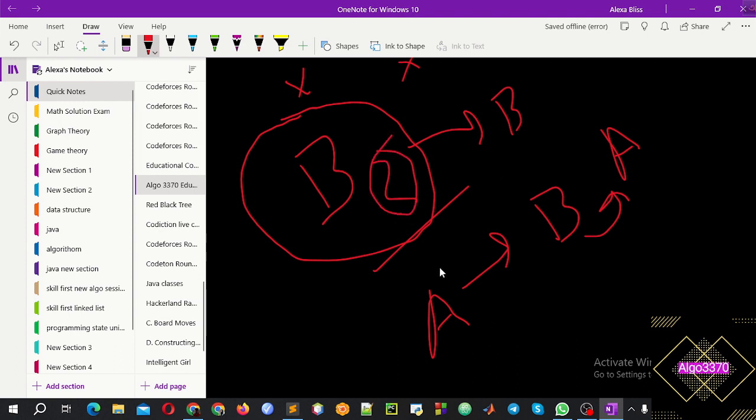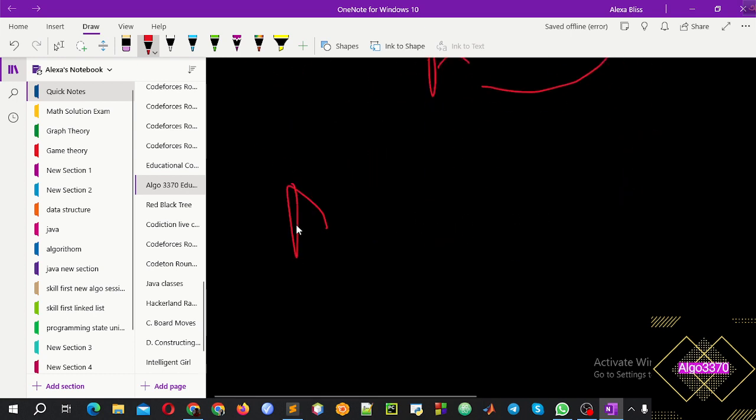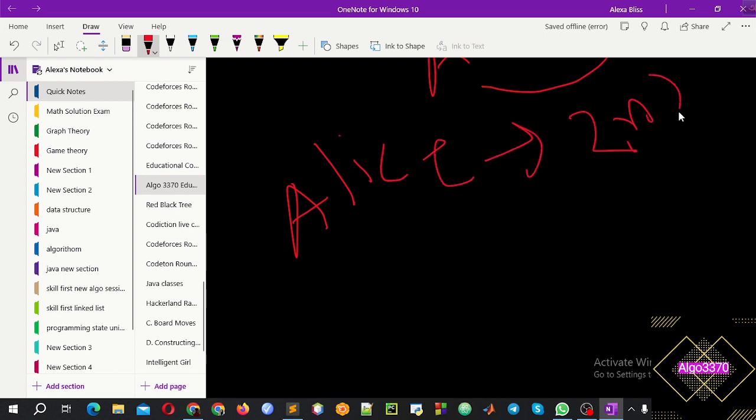Our situation will fail when Alice can take his second move and Bob needs to play his second move.